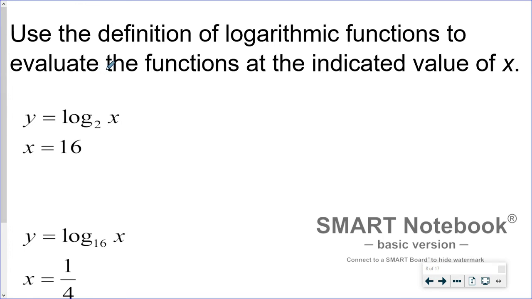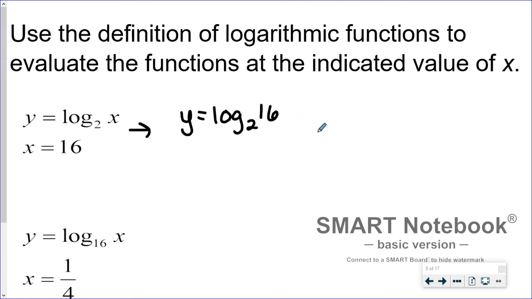Use the definition of logarithmic functions to evaluate the functions at the indicated value of x. So it gives us an x here, so I can say y is equal to log base 2 of 16. Well, this isn't obvious. You don't necessarily look at this and know what it is. So sometimes it helps to put it in the other form.